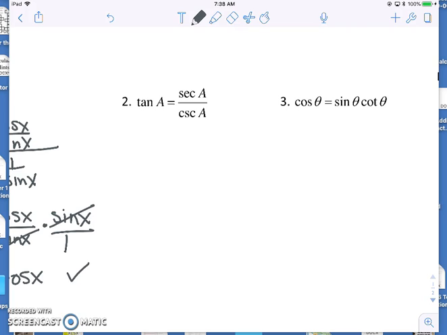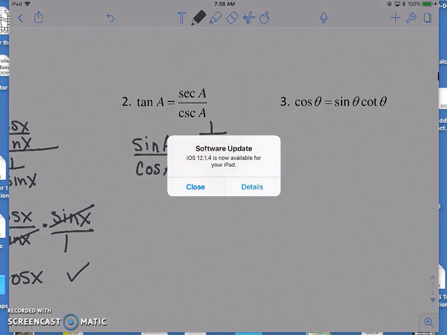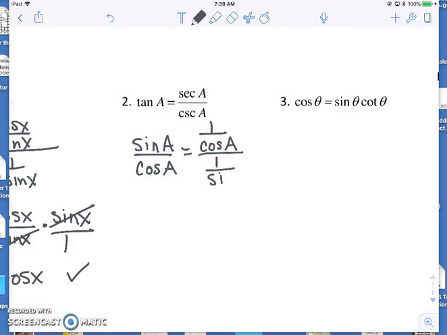The second one, again, let's rewrite everything in terms of sine and cosine. Tangent, so we have the sine of a over the cosine of a, equals secant, 1 over the cosine of a, divided by 1 over the sine of a. The left side, we still have the sine of a over the cosine of a.